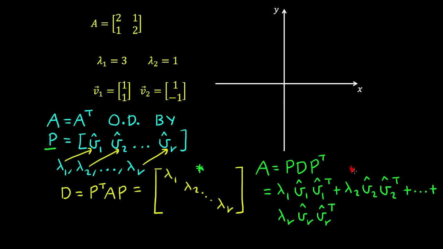So this here is the spectral decomposition of the matrix A.